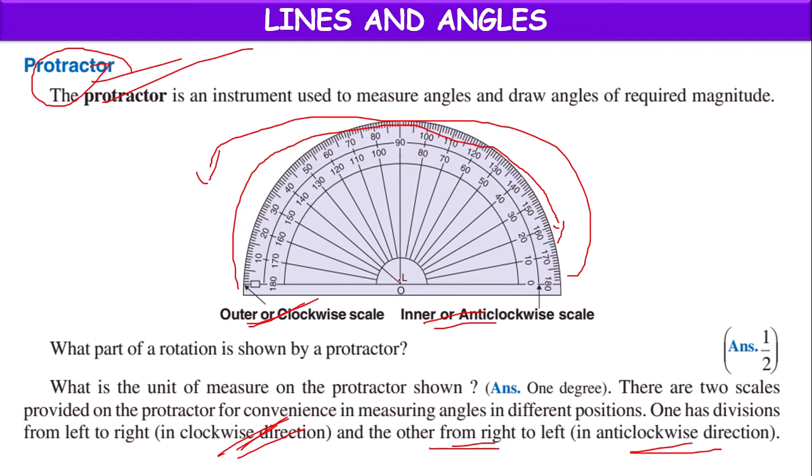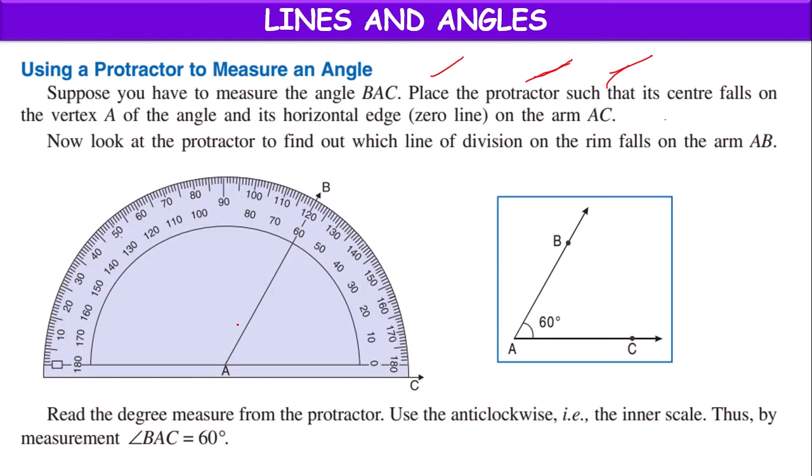Normally protractor will be having the center point O. We have to place the protractor in such a manner that its center O lies at A. Lies at A means lies at vertex A, at which we are going to find the angle. And this is the horizontal edge of the protractor. The horizontal edge should coincide with the arm AC.